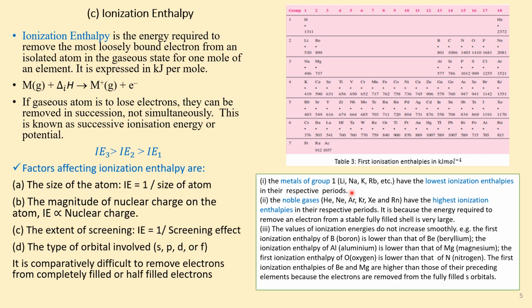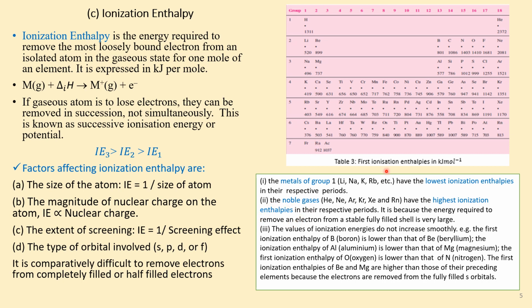The metals of group 1, that is lithium, sodium, potassium, etc., have the lowest ionization enthalpies in their respective period. Say for period 2, hydrogen has 1311 and lithium has 520, which is lowest, and so on.